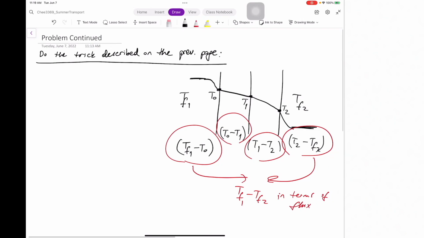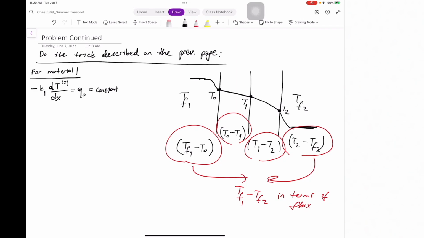So let's start with material one. We know that minus K1 dT1 over dx is equal to Q0, which is constant, right?